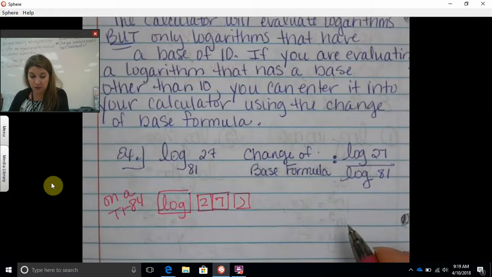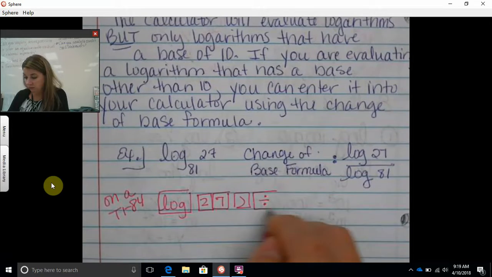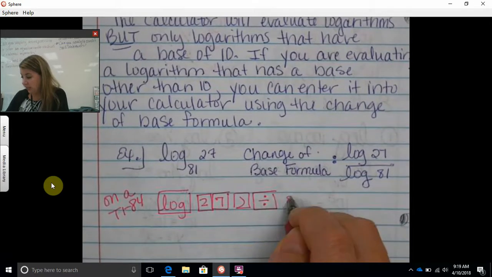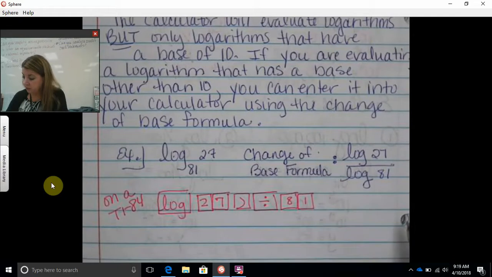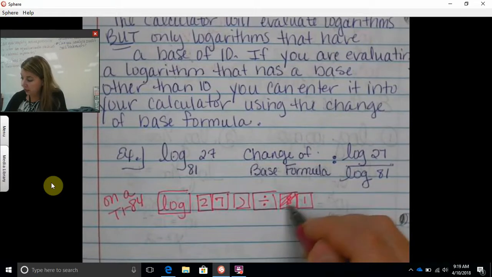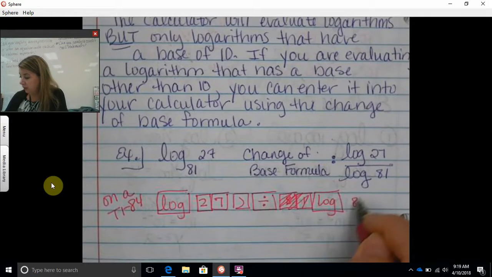You have to do the close parenthesis. You hit the division sign. Whoops, not 81 yet. Log 81. And then enter.